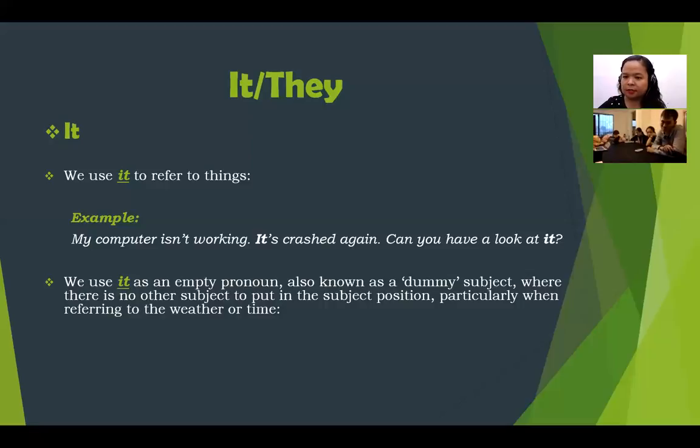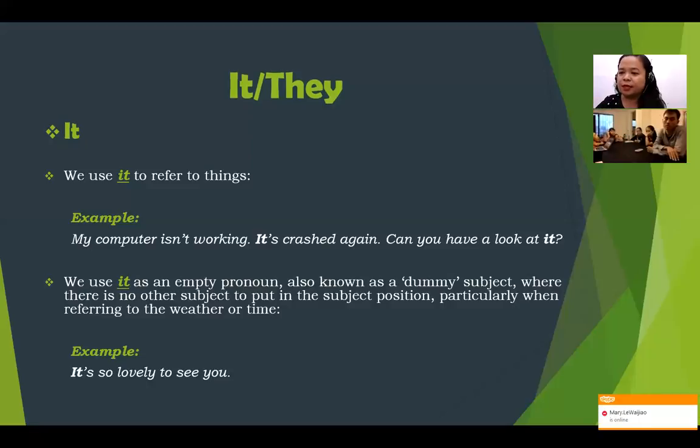Yes, that is correct. So we use it as a dummy subject if we don't know who we are referring to. Example, it's so lovely to see you. So it's for everyone. You don't know if I am talking to Kiwi or if I'm talking to Lily. When I say it's so lovely to see you, it's general. Okay?